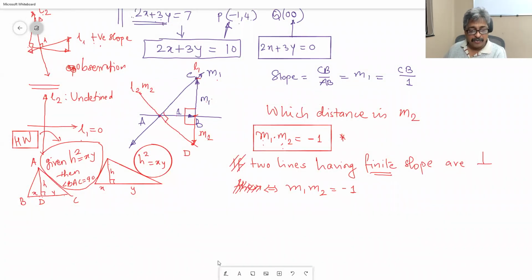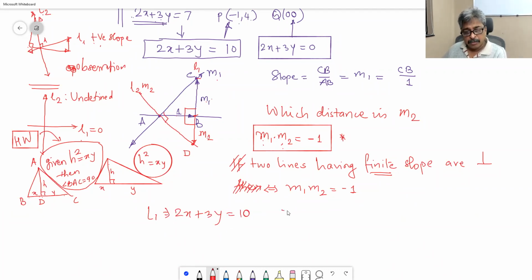Now, numerically, if L1 is 2x plus 3y is equal to 10, what is the slope of L1? -2/3. Okay, L2 is supposed to be perpendicular. So what is the slope of L2? 3/2.